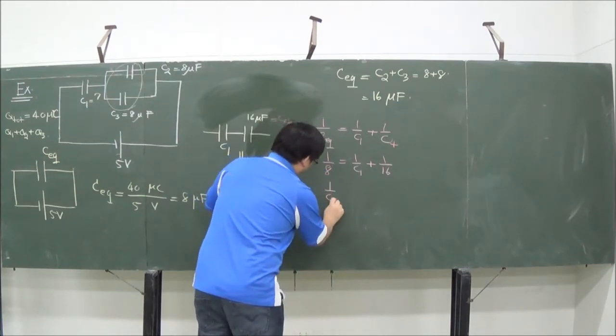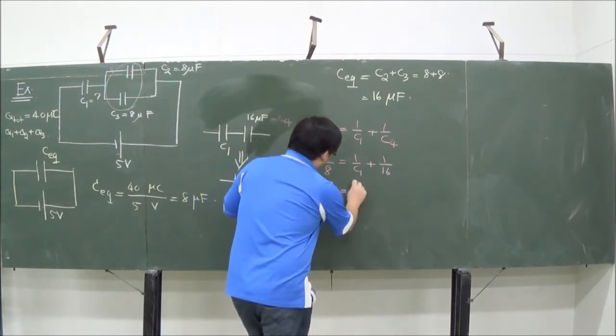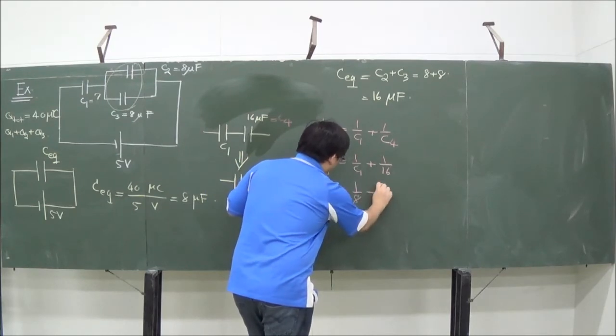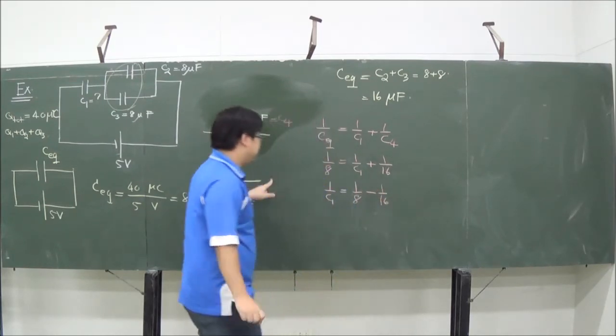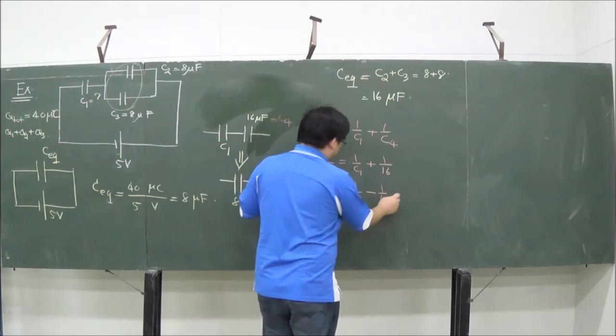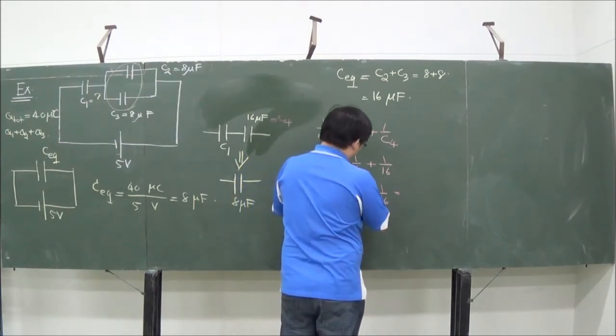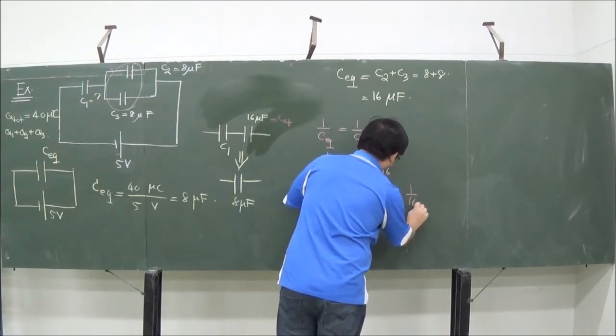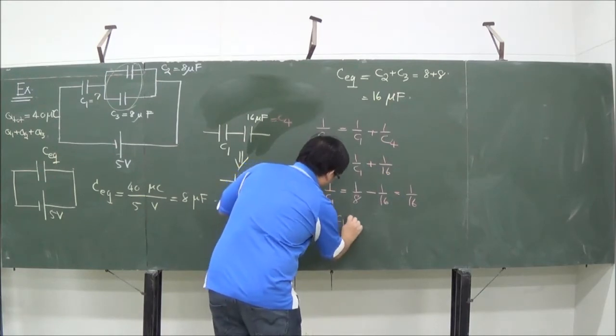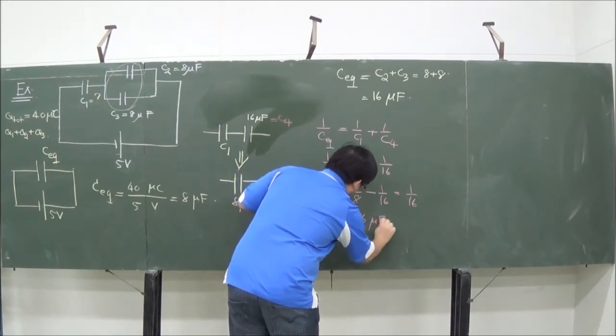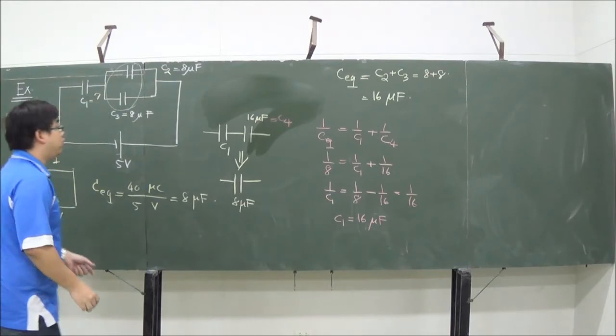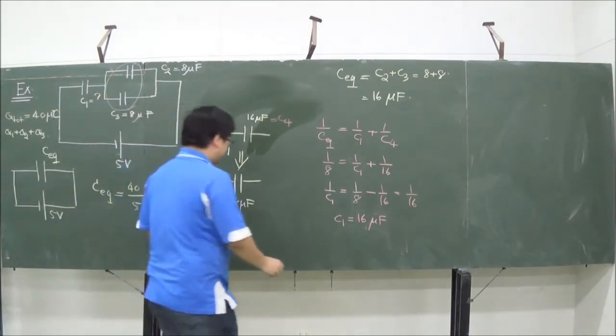So you get 1 over C1 equal to 1 over 8 minus 1 over 16. And then you've got 2 over 16 minus 1 over 16. So C1 equal to 16 microfarad. And this is the answer.